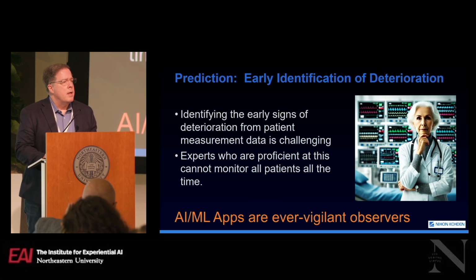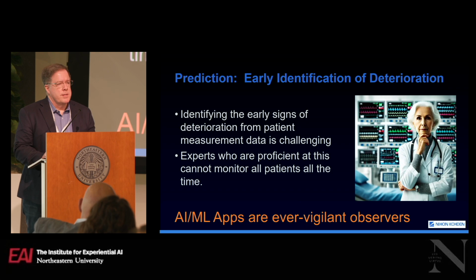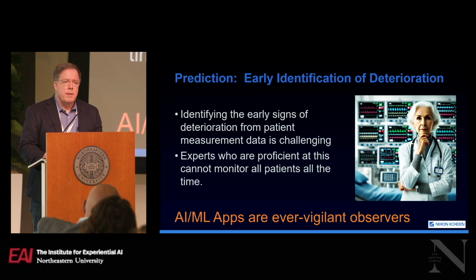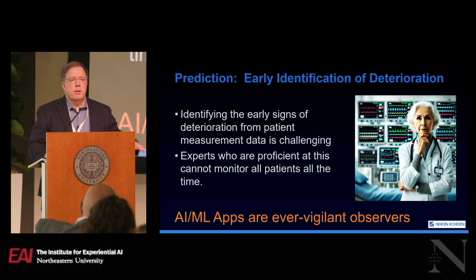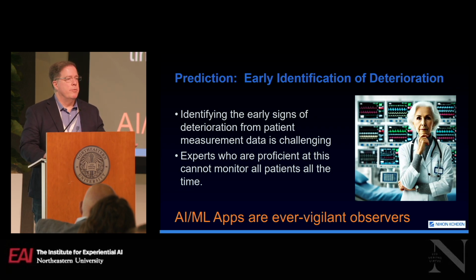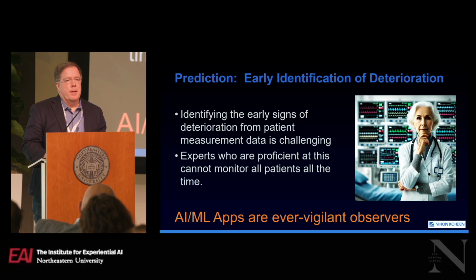But rather, we want to detect the very subtle signs of deterioration that occur across vital signs through shape and morphology changes in waveforms that are consistent with a future clinical event, and thereby be able to inform clinicians something that they don't already know.